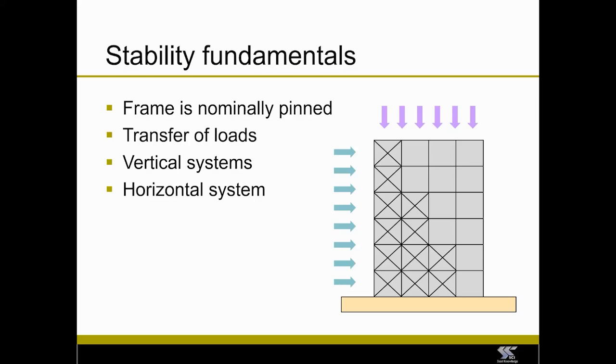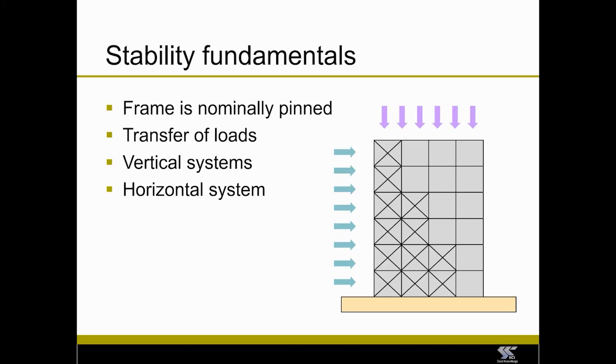So obviously we have a structure, whether it be a light steel frame or typical multi-story hot rolled steel frame, those connections between the horizontal and vertical elements are nominally pinned connections. So if we don't have any bracing system or stability system, then effectively we have a mechanism, and if we apply some lateral load, then that structure can simply collapse and fold up. So we need something to provide stability.